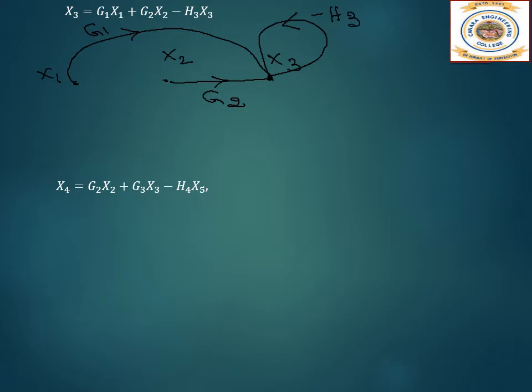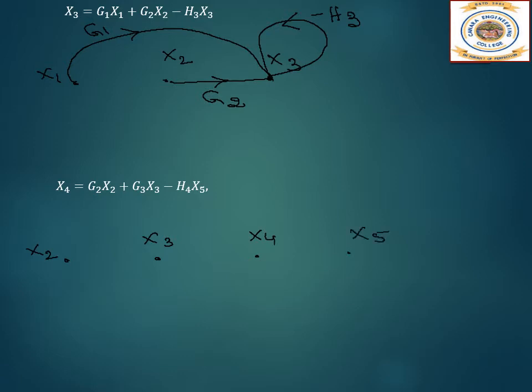Equation 3, x4 equals g2 x2 plus g3 x3 minus h4 x5. So here we have x2, x3, x4, x5.